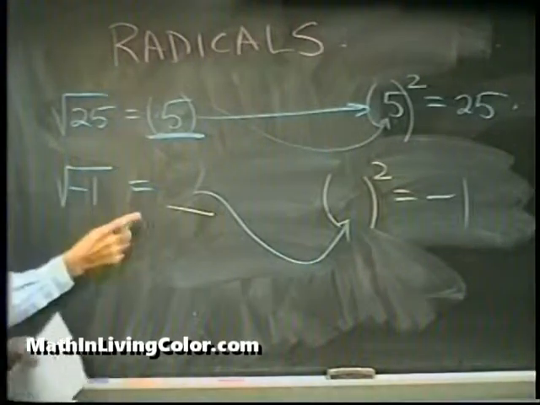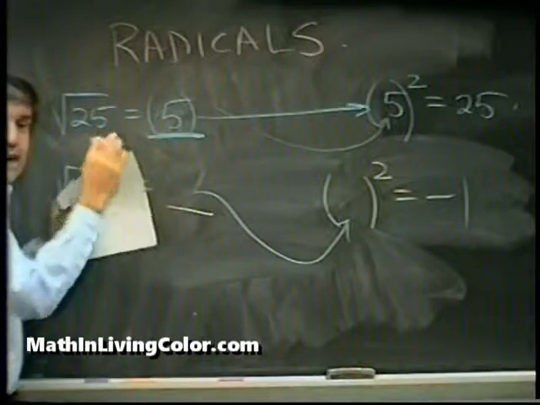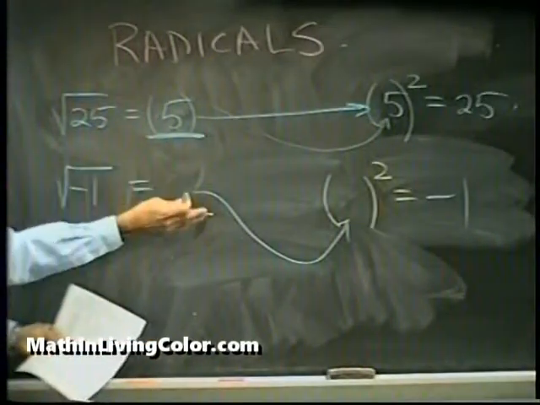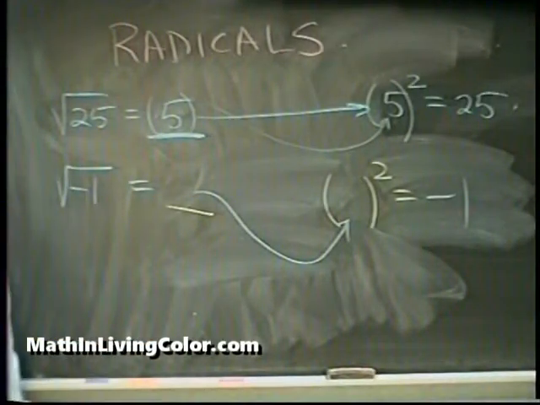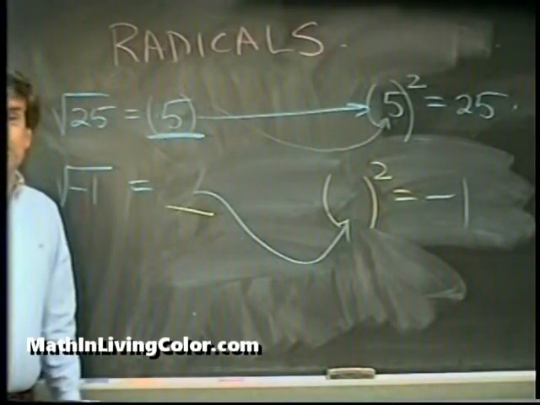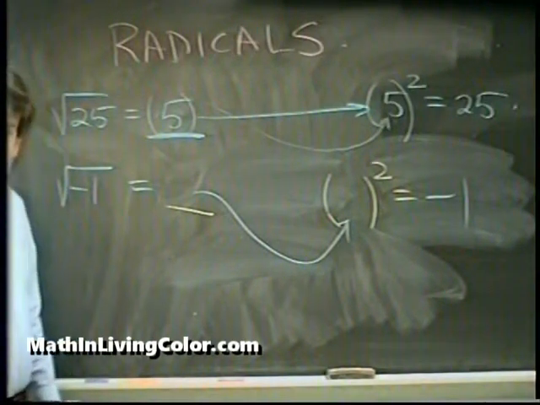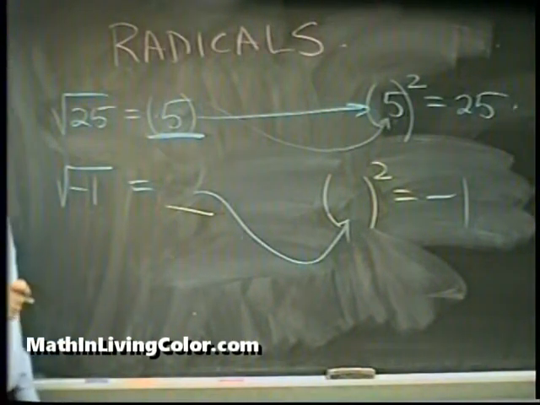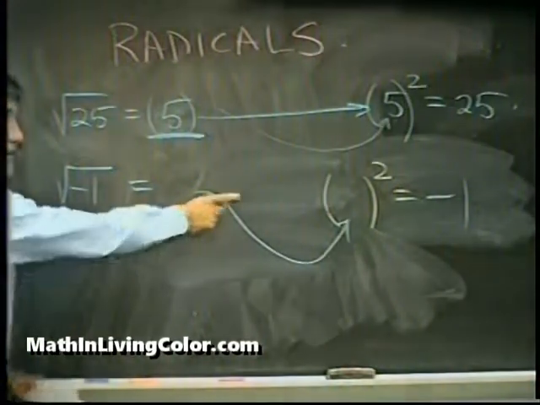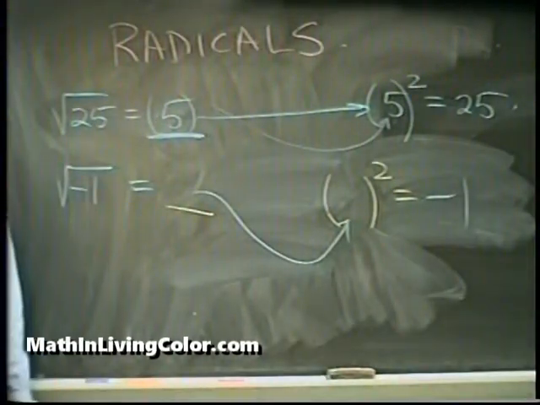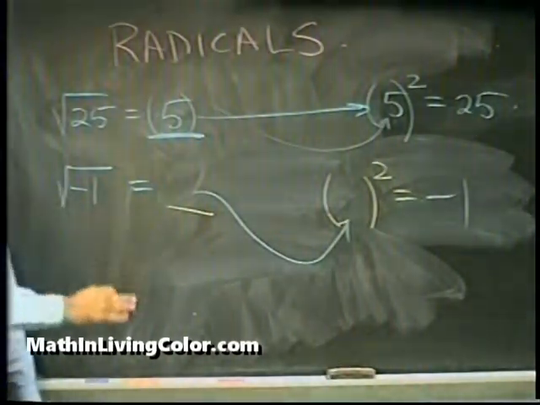We have to take a number and square that number to end up with a -1. And there is no real number. Now, I'm not saying there is no solution, because later in intermediate algebra, we're going to get into imaginary numbers. That is a possibility. But for right now, we're not talking about imaginary numbers. And on this level, there is no real solution.